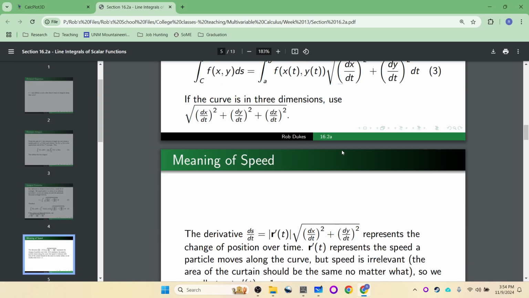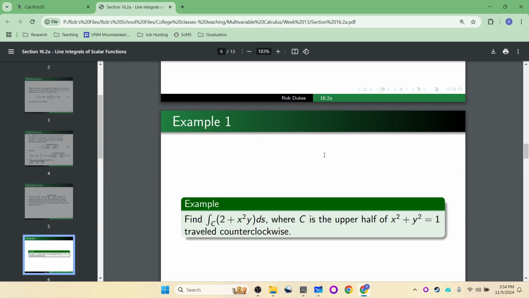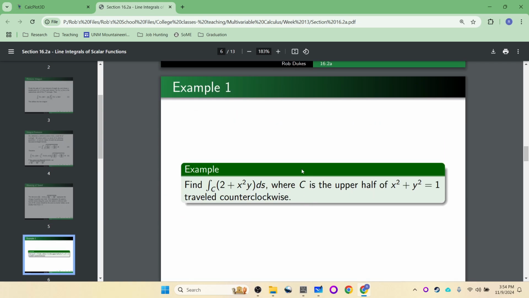So let's do some examples, because examples help clarify all this. Find the integral along c of 2 plus x squared y ds, where c is the upper half of x squared plus y squared equals 1, traveled counterclockwise.